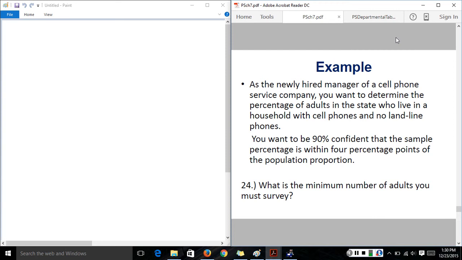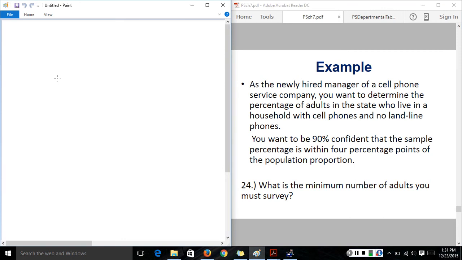In other words, you want a 90% confidence interval, and your margin of error will be 4 percentage points because the word within tells you that the 4% is how much you are willing to be off by one way or the other. All right, well, what's the minimum number of adults you must survey?